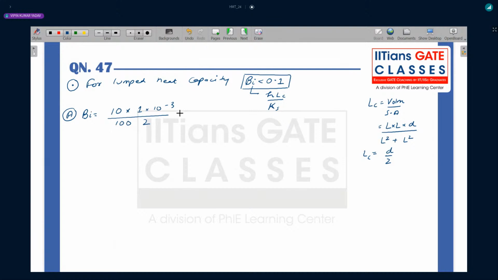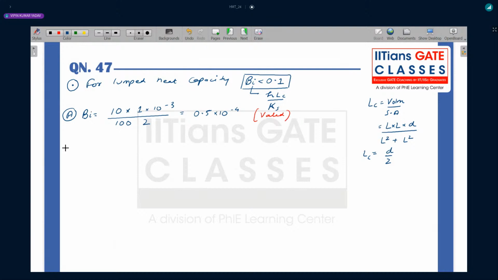If you solve this, you will get 0.5 into 10 to the power minus 4. Is it less than 0.1? Of course it is less than 0.1. So these parameters can be considered under lumped heat capacity analysis.